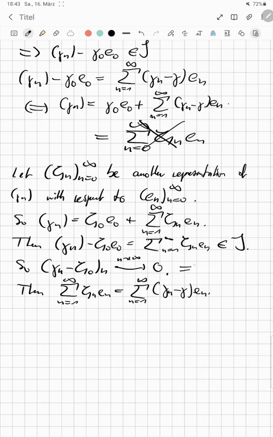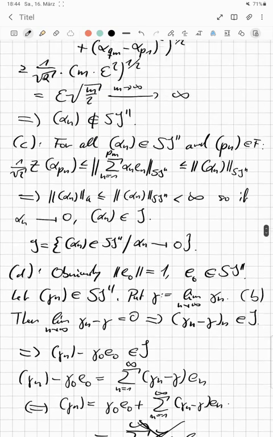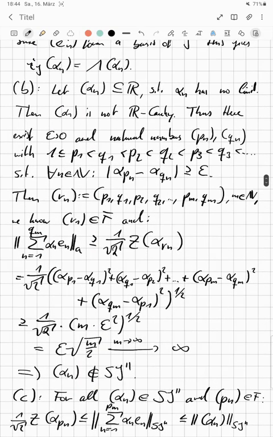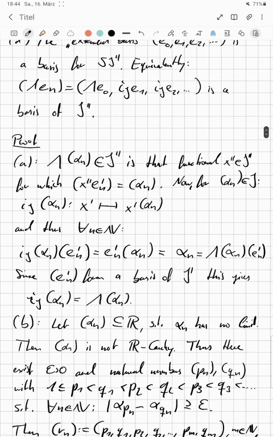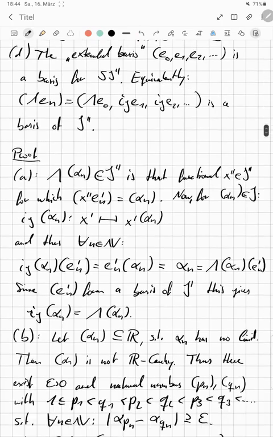Because from this here it follows that zeta 0 is just gamma. This means that the representation is unique, and thus that this extended basis is a basis of Sj dash dash. And because this lambda up here is an isometric isomorphism, this last equivalence here, this is just a gift, like it's Christmas.